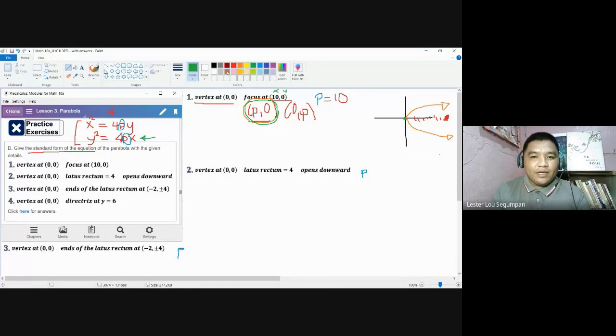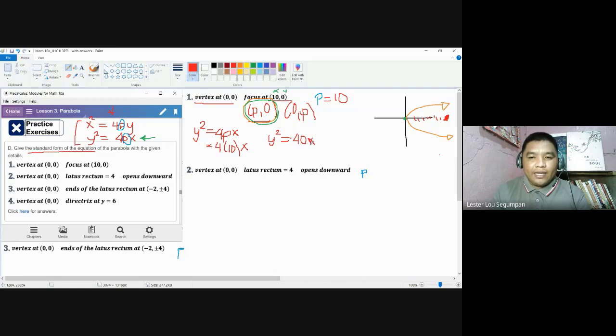So we have the equation y squared is equal to 4px. And p is 10, so simply substitute. You have 4 times 10x. So the standard form for number 1 is y squared is equal to 40x.